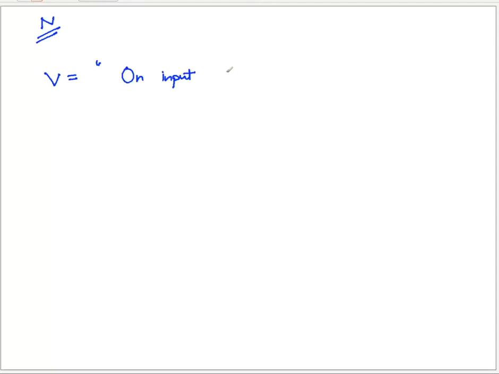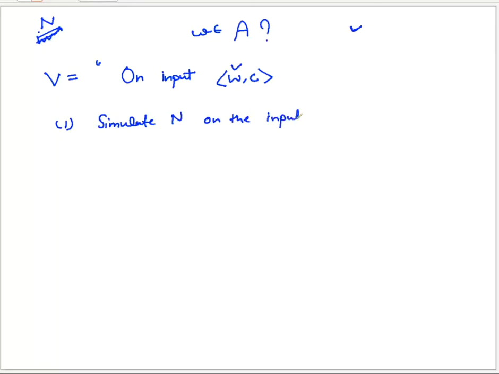The input is W and C. W is the string that you want to check whether it belongs to A or not, and C is the certificate. When a certificate is given to you and there is a non-deterministic Turing machine that is able to solve this problem, what do you have to do? It's very simple. You just have to simulate N on input W.